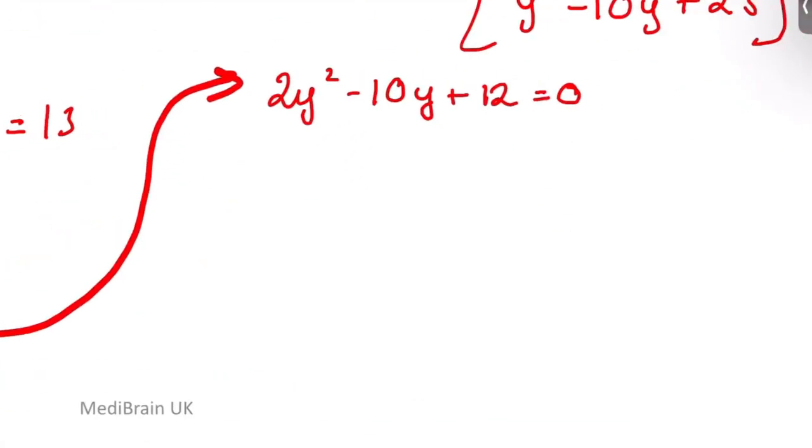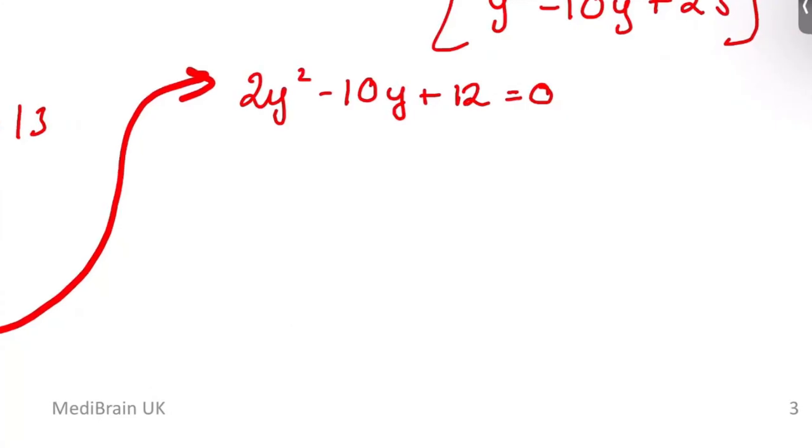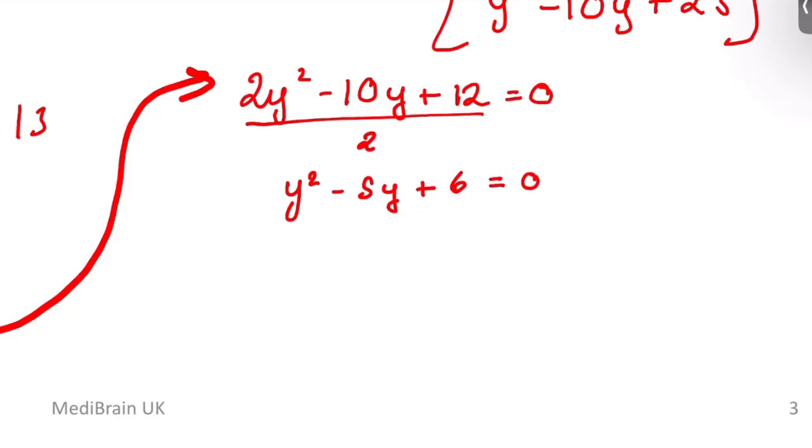As you can see, all of these numbers are a multiple of 2, so you can divide all of them by 2. And that's going to get you y squared minus 5y plus 6, and that's equal to 0.